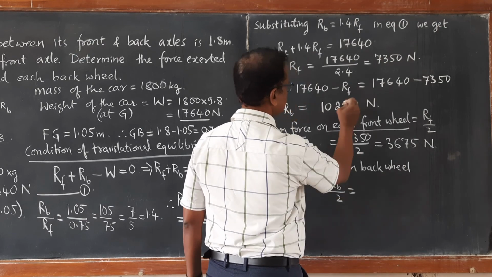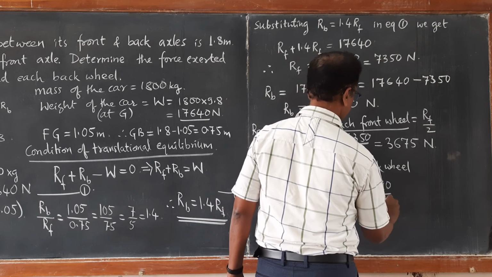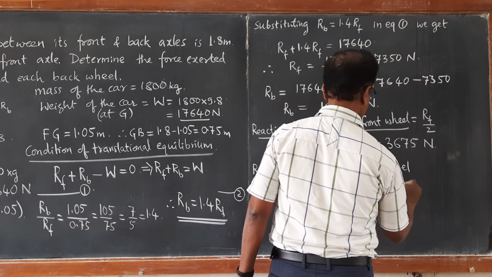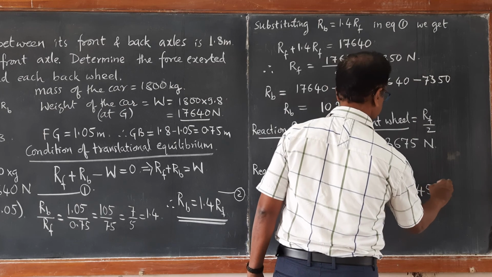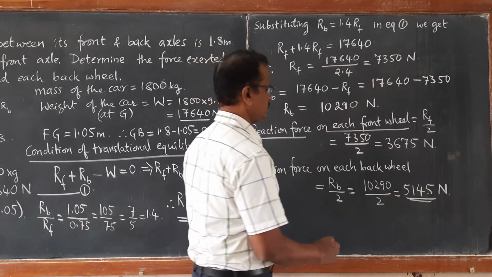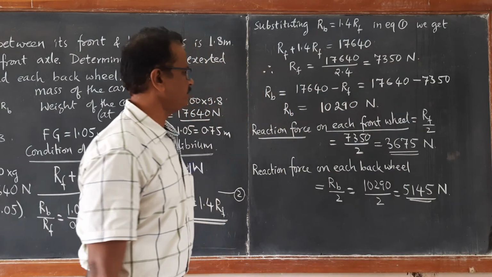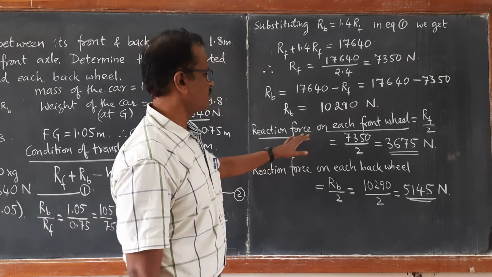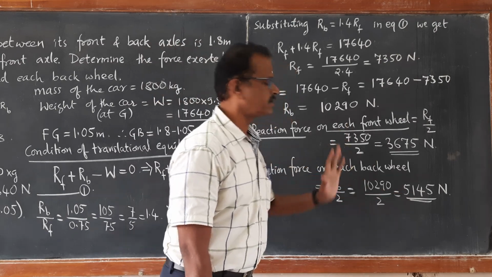RB we got as 10,290, divided by 2, which comes out to be 5,145 Newton. The reaction force on each front wheel is 3,675 Newton, and the reaction force on each back wheel is 5,145 Newton.